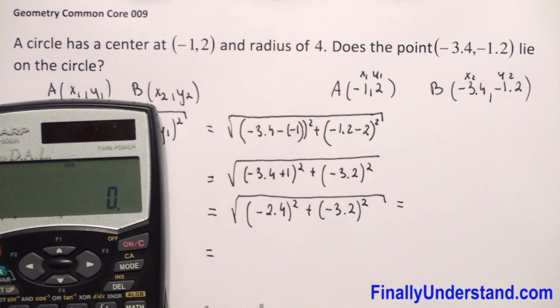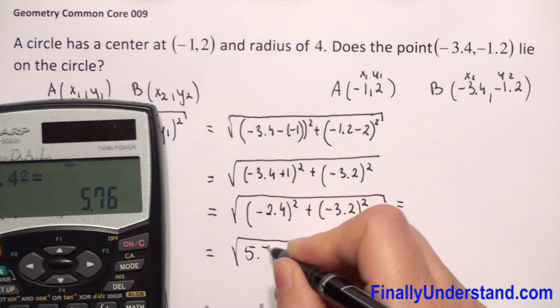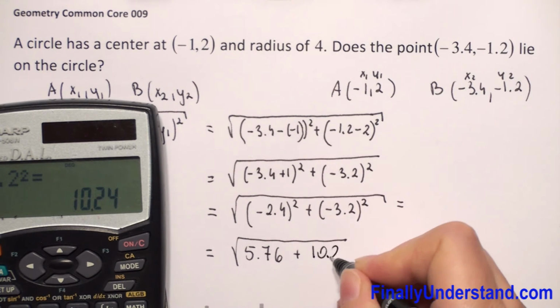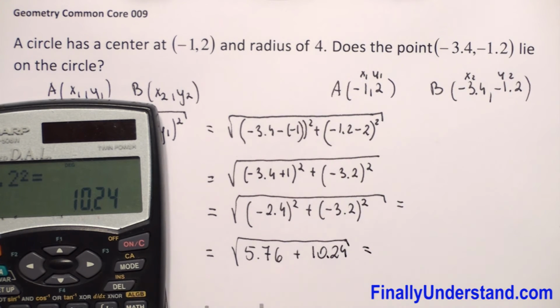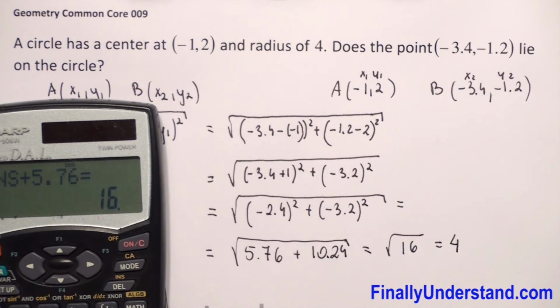We have -2.4 to the second power, so it will be a positive number, 2.4 squared, which is 5.76, plus -3.2 to the second power, so positive 3.2 squared, which is 10.24. We add 5.76, so this is the square root of 16. The square root of 16 is 4.